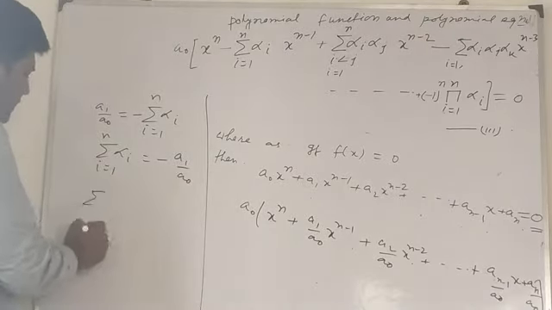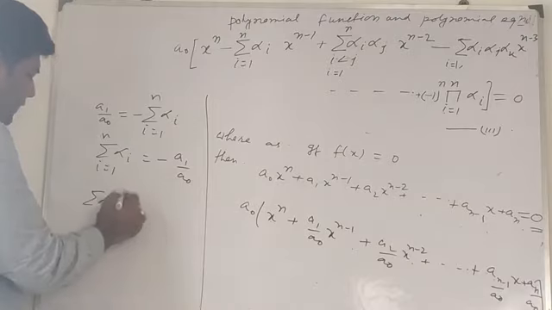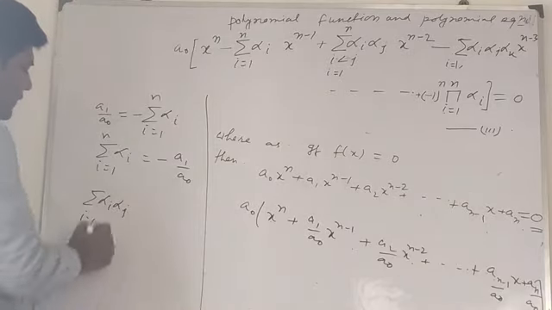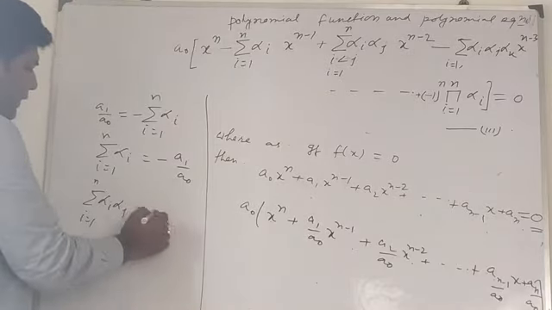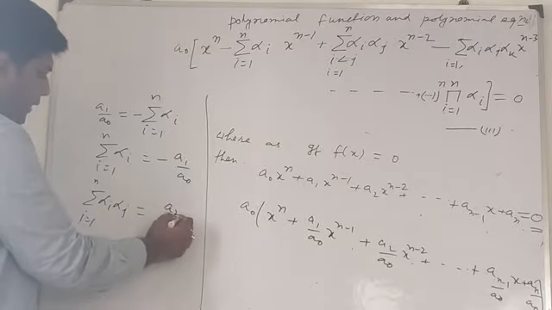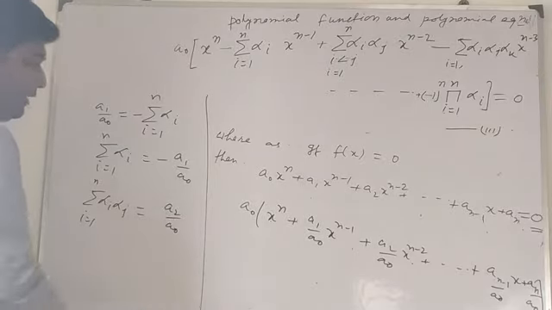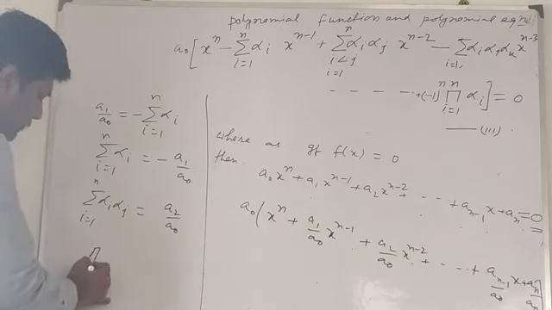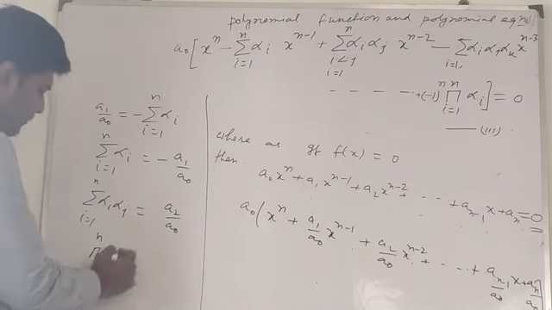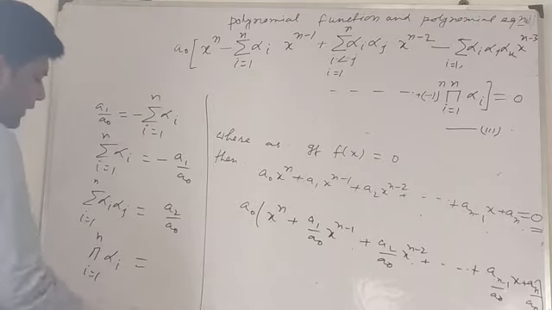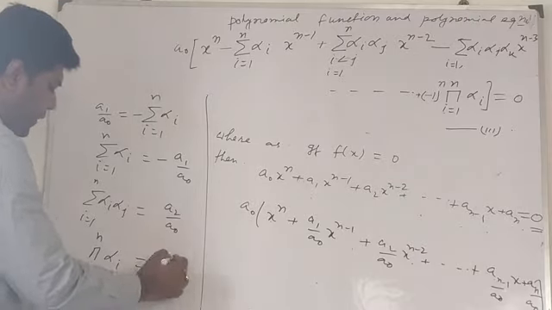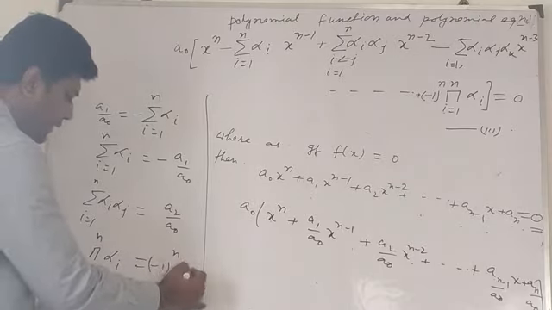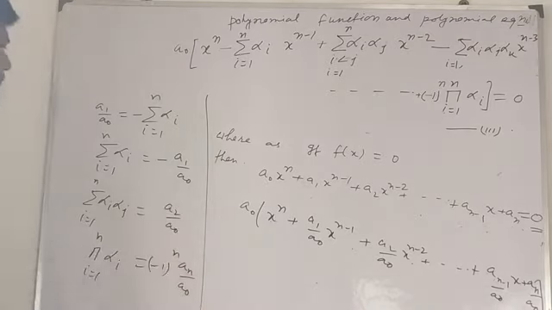Similarly, summation of alpha I, alpha j, that is I equal to 1 up to n, can be written as plus a2 by a0. And the last term, that is product of all root started from I equal to 1 to n alpha I, can be written as minus 1 to the power n a n by a0. This is the comparison, you can say.